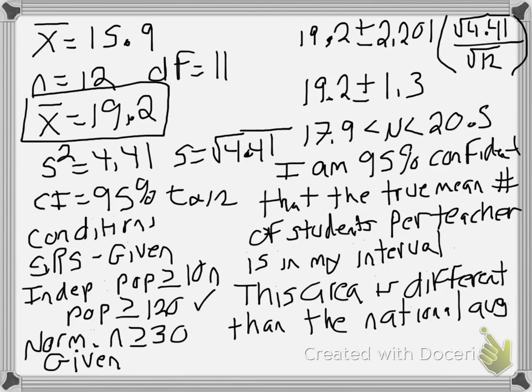Because remember, the sample that we have was a moderately populated area. The national average takes into account everything, right? What do you think about an urban school? Do you think that there might be more or less students per class? Just things to think about as you go through, and as you start reading statistics in the paper and things like that, you'll be like, wait a minute, there's some things that are weird about this. This class will help you be able to take the news a little bit differently.